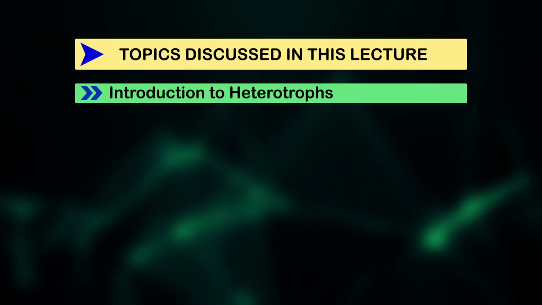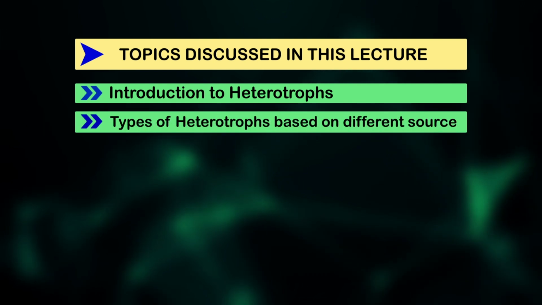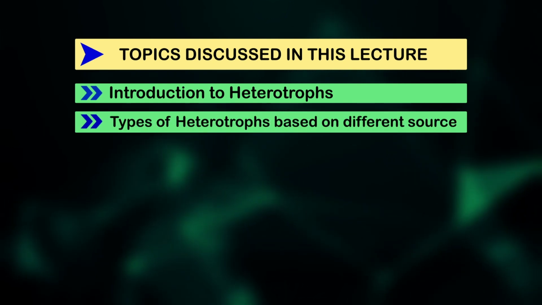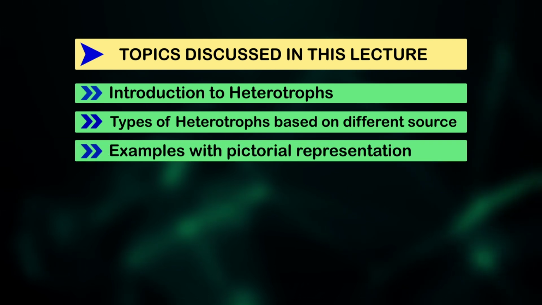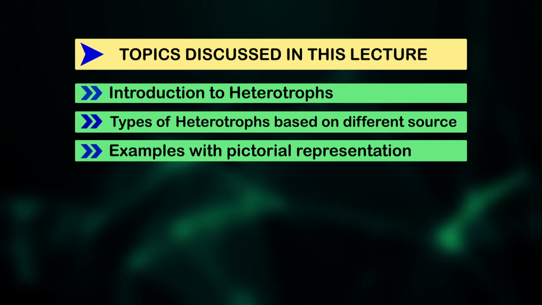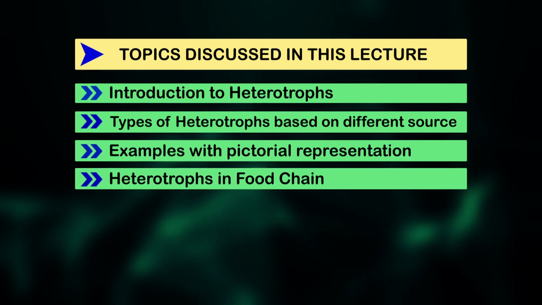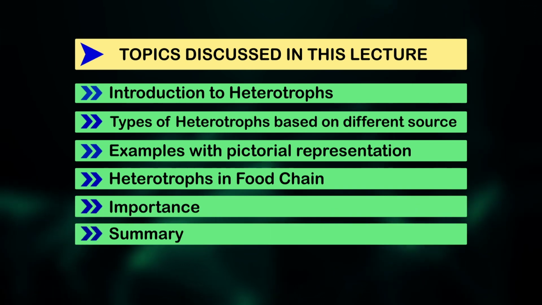Now, in today's lecture, the topics which will be discussed include introduction to heterotrophs, types of heterotrophs based on different sources, examples with pictorial representation, heterotrophs in the food chain, importance and summary. So, moving on with the main content of heterotrophs.